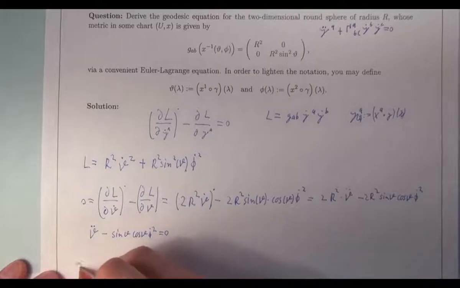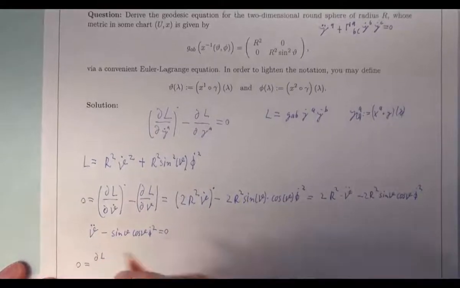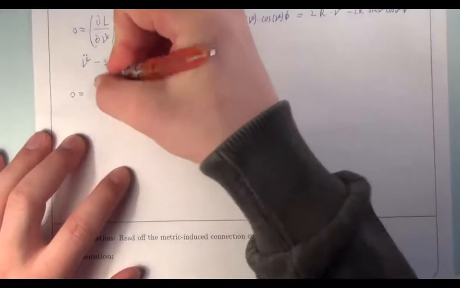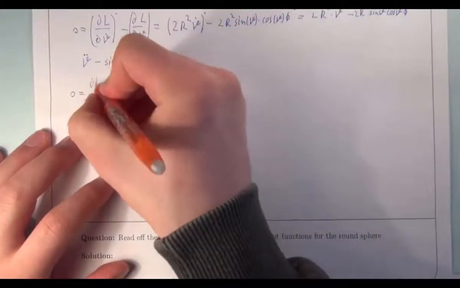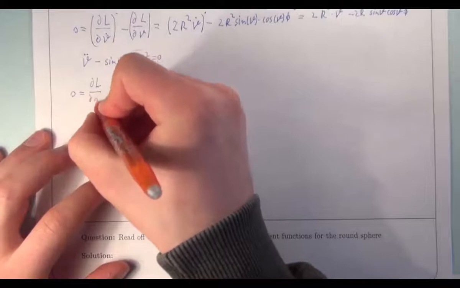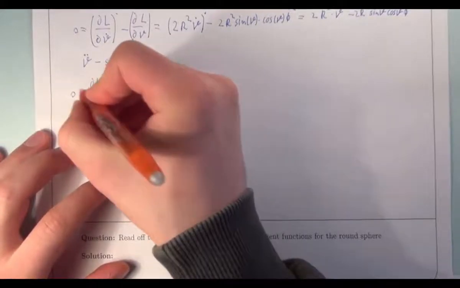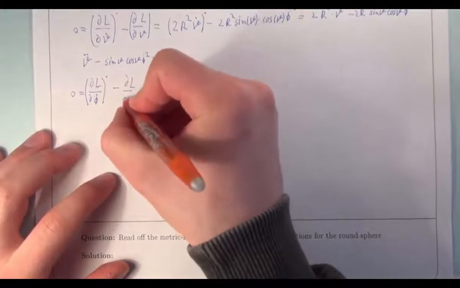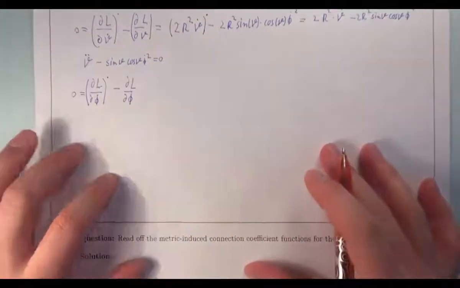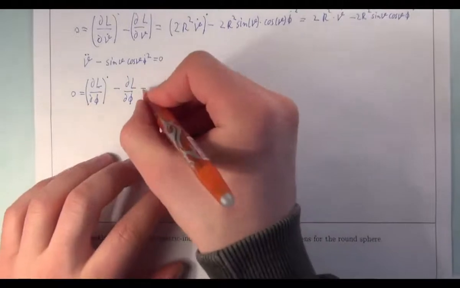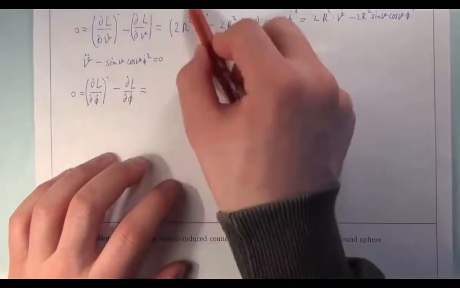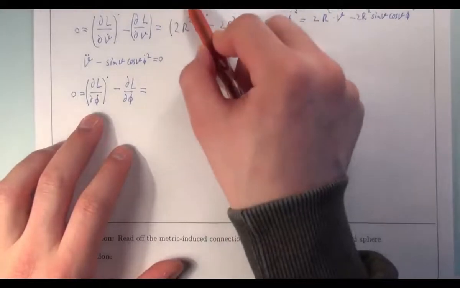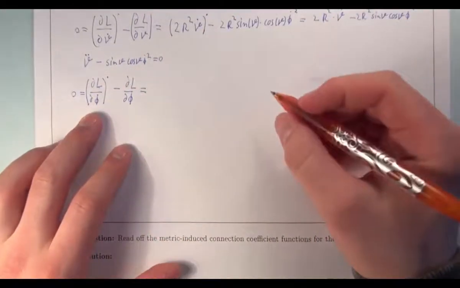Now do the same thing for the second equation. It's dL after d phi dot minus dL d phi. Good. Let's calculate that. This guy again, we see that only the second term contributes here.